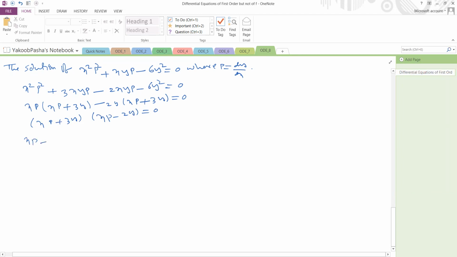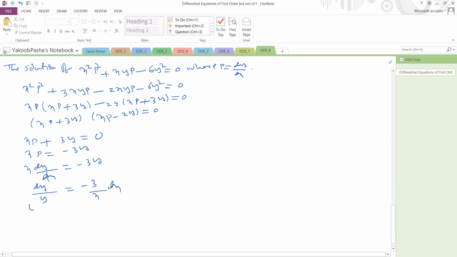That is, the first equation xp plus 3y is equal to 0. So this can be written as x into p is equal to minus 3y, x into dy by dx is equal to minus 3y. So we can write it as dy by y is equal to minus 3 by x into dx.